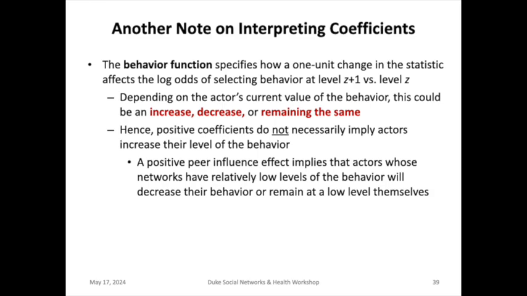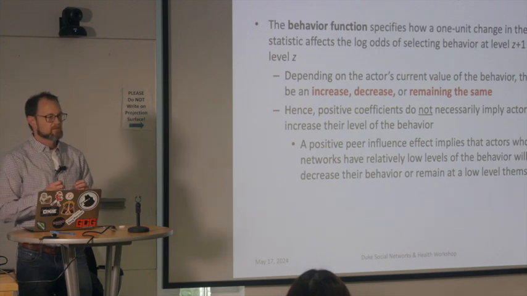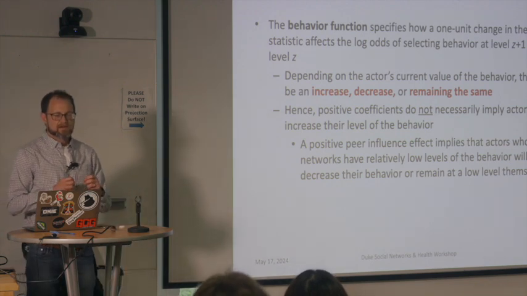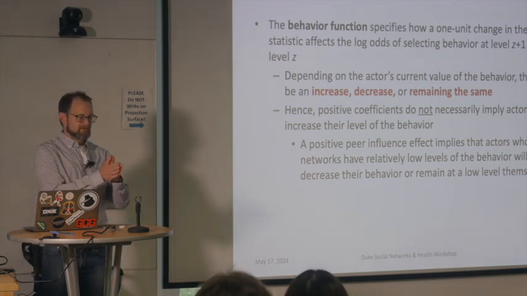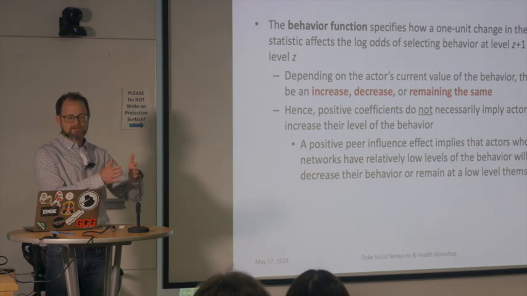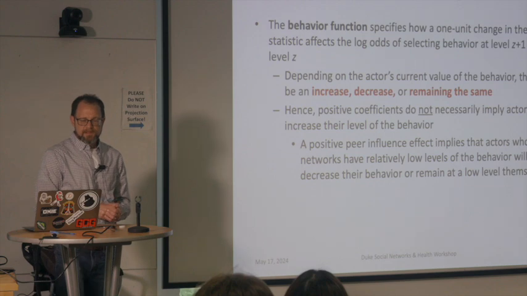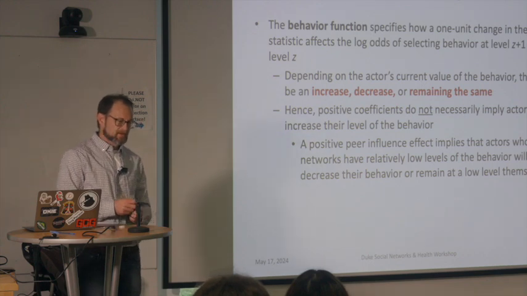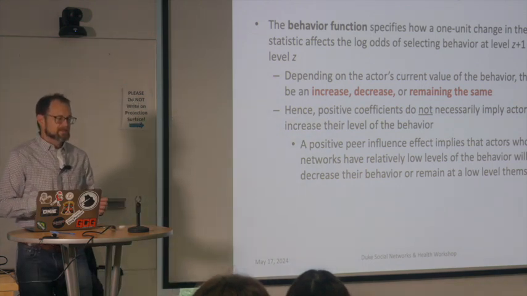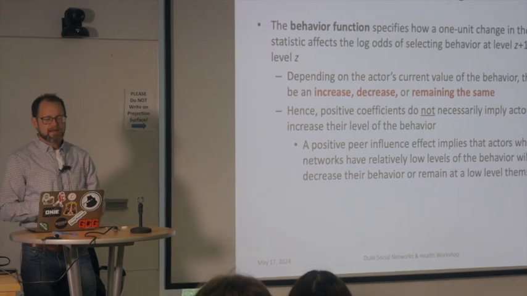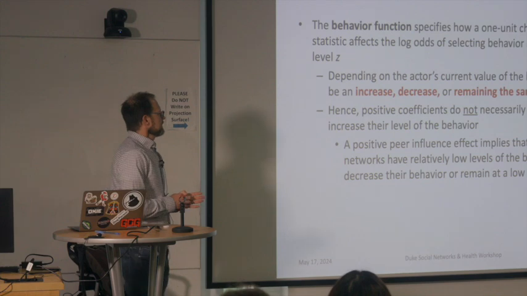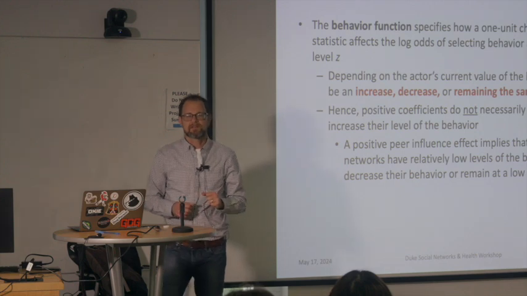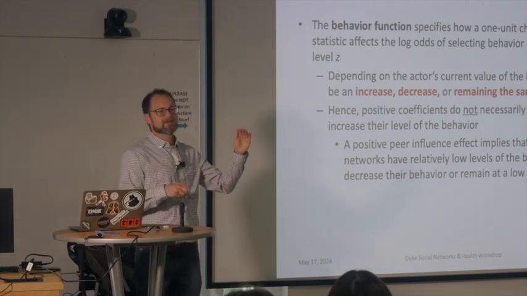All right, when it comes to the behavior function, we can interpret effects as how a one-level, one-unit change in our predictor affects the log odds of being at a certain level of behavior versus one level higher. So we're talking about a one-level difference here. A positive coefficient doesn't necessarily mean that having this thing makes people's behavior increase.